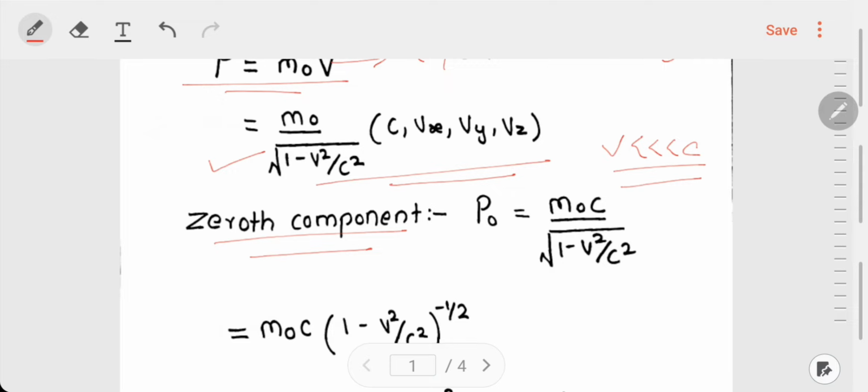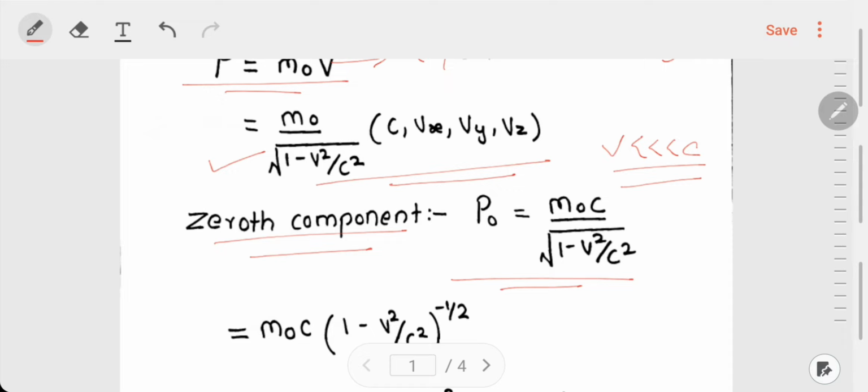So today we'll be discussing the time component, the component that corresponds to the time part in the 4 vector, and that is nothing but the zeroth component, which is given by p0 is equal to m naught c over under root 1 minus v square by c square.